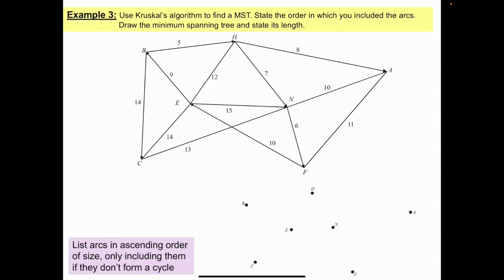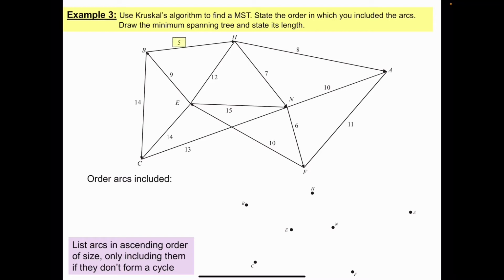So we're going to first start with the smallest or the shortest possible edge, and that in this case is BH. Be reminded that the network doesn't have to be drawn to scale, so you don't worry about the length of the edge, but about its weight that is stated by the number above.